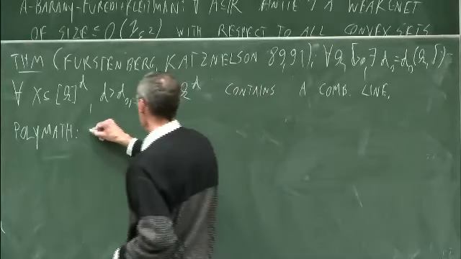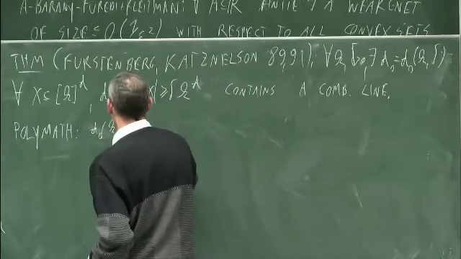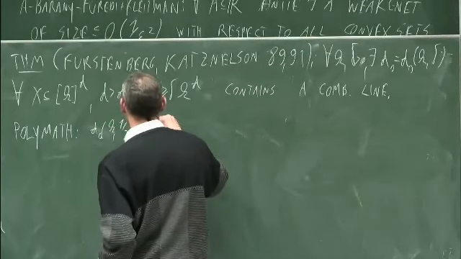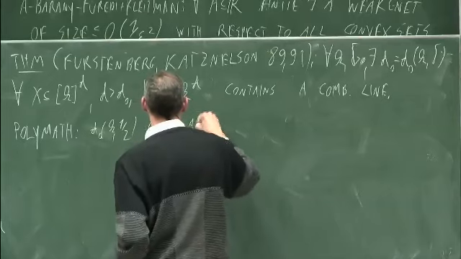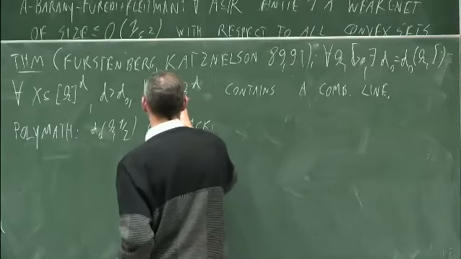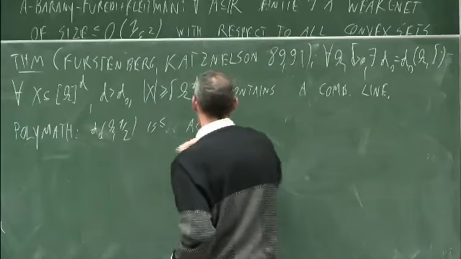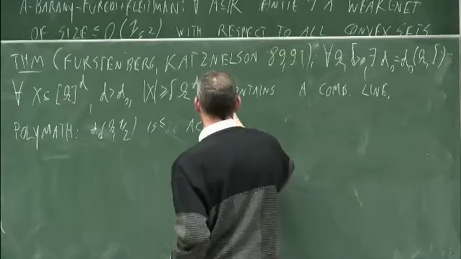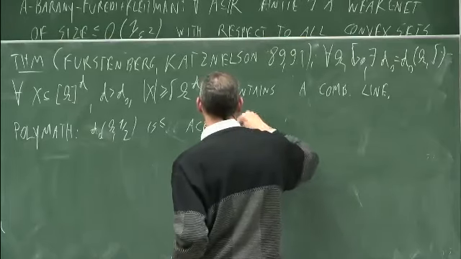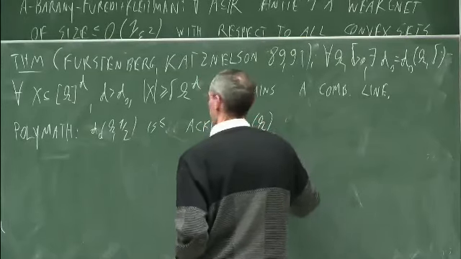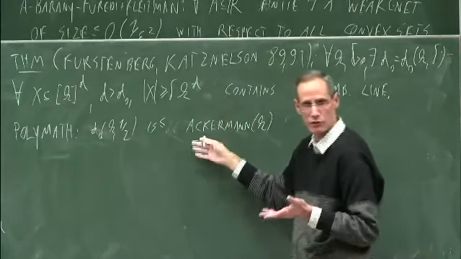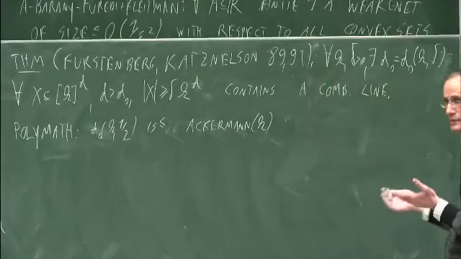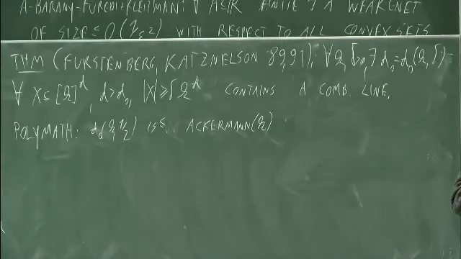So d_0 of k and delta is of Ackermann type, at most Ackermann of k. It's not exactly Ackermann, it's some version of it, but it's basically this. So this is some effective version.